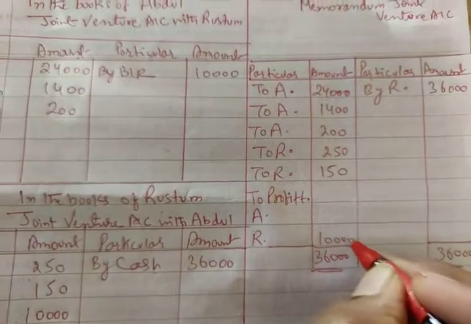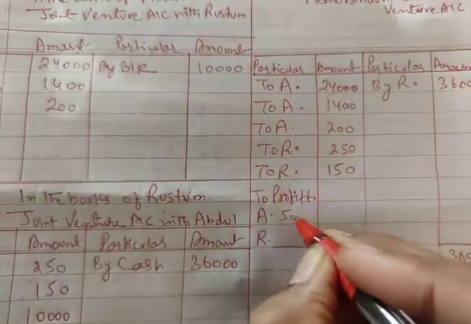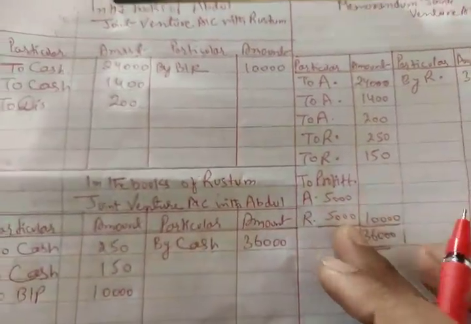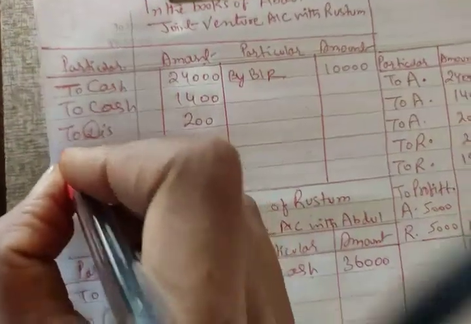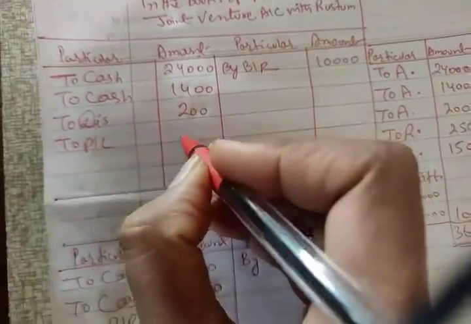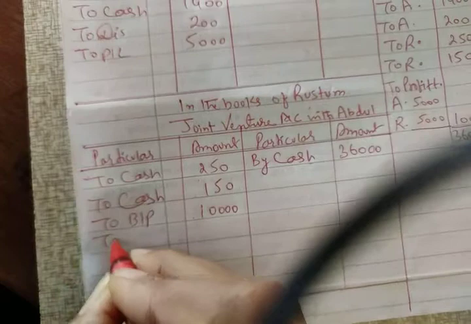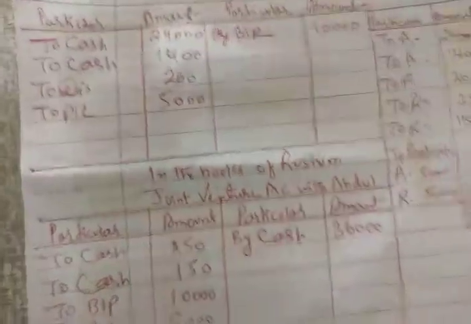Total profit is 10,000, and we had the information that their profit sharing ratio is equal, so for both it is going to be 5,000. Now this profit we need to transfer to their respective joint venture accounts. So for Abdul, to profit and loss 5,000 rupees. Similarly for Rustam, to profit and loss 5,000 rupees.